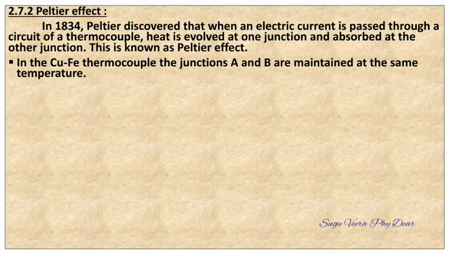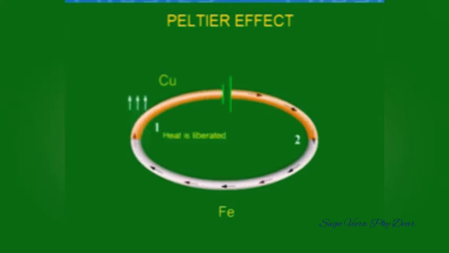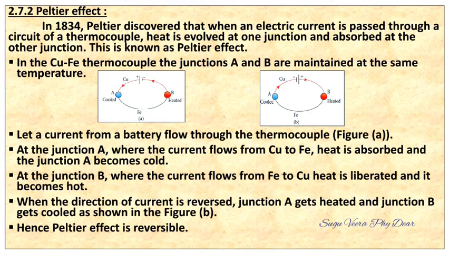Let a current from a battery flow through the thermocouple. At junction A, where the current flows from copper to iron, heat is absorbed and the junction becomes cold. At junction B, where the current flows from iron to copper, heat is liberated and it becomes hot. When the direction of current is reversed, the effect is reversed. Peltier effect is the converse of Seebeck effect.